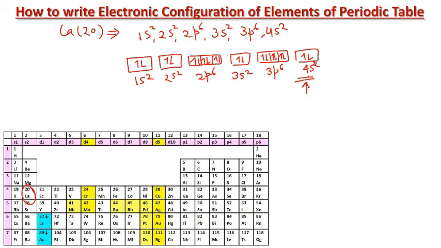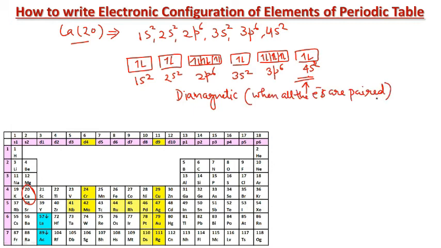Say for calcium, all the electrons are paired, so the calcium atom is diamagnetic in nature. When all the electrons are paired, such elements are repelled by the external magnetic field.